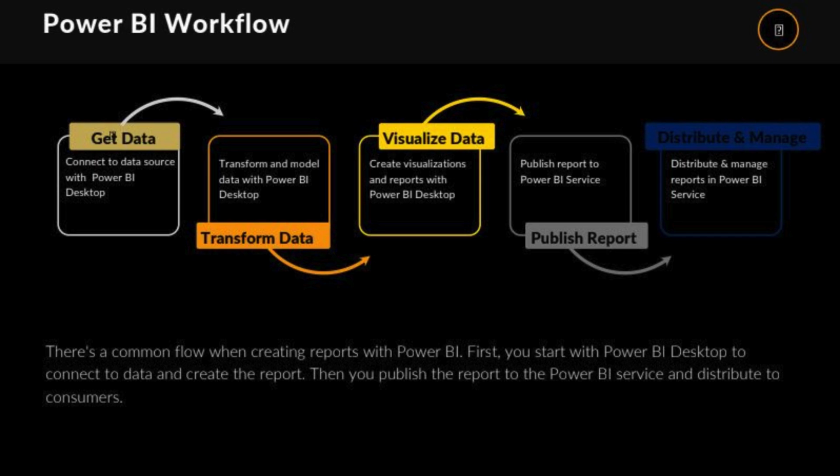Transforming means you're looking into your data to see if you have the correct data types. You do the cleaning process of your data so that whatever output of the transformation process you have makes your data ready for visualization and reporting.